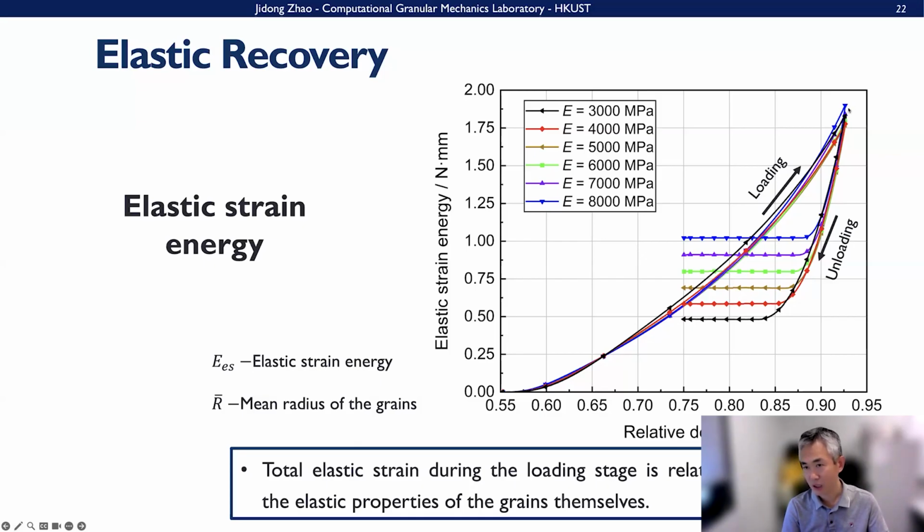Then when we do unloading, it rebounds, first in a quite steep way, and then it flattens out like this. Different Young's modulus of the particle will, of course, affect the rebounding process. The softer the particle, the more significant the rebound during unloading, and the more elastic strain energy is released.